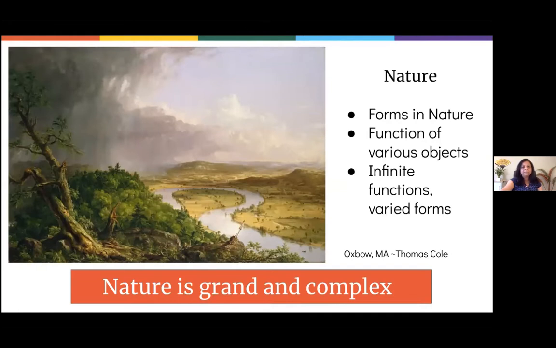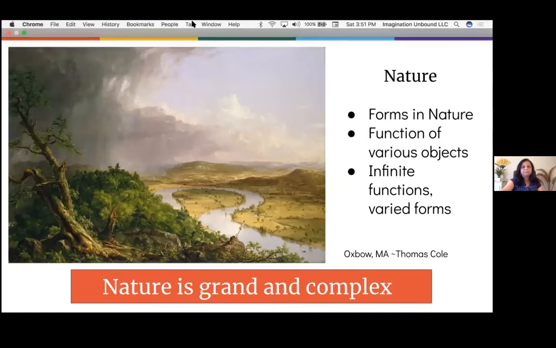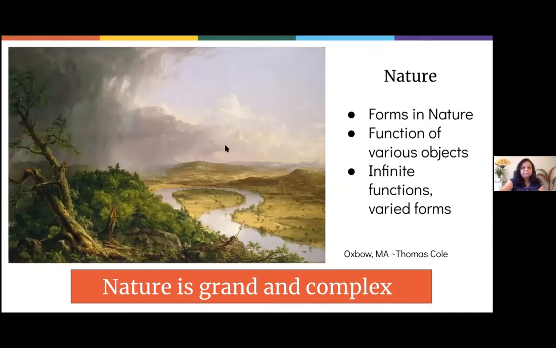It's a place in Massachusetts, a view from Mount Holyoke. You can see this beautiful landscape stretched out in front of the artist. And somewhere down here is the artist with his easel, sketching this vast landscape in front of him.